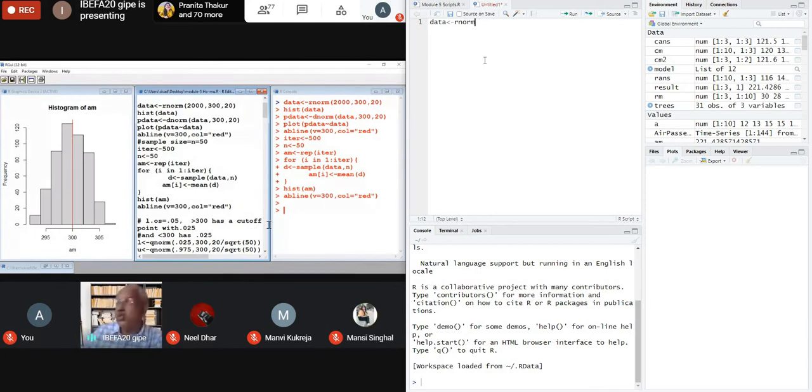That also shows that any sample you take, many of the sample means are around 300. The population mean is 300; the sample mean can be less than 300 or greater than 300.